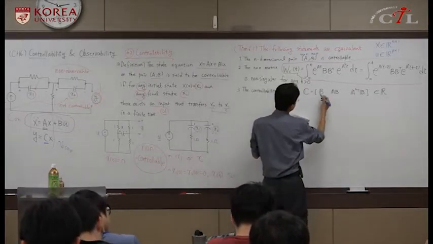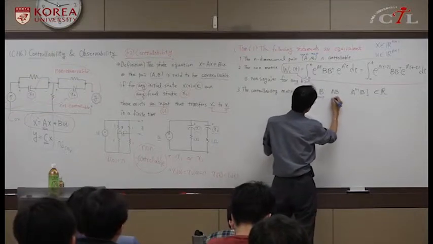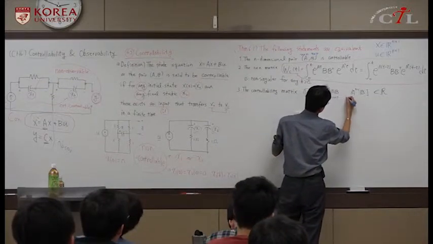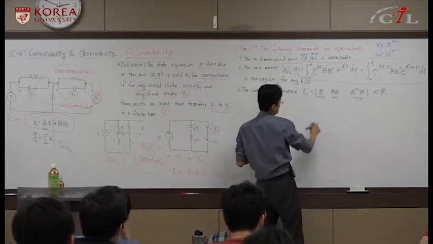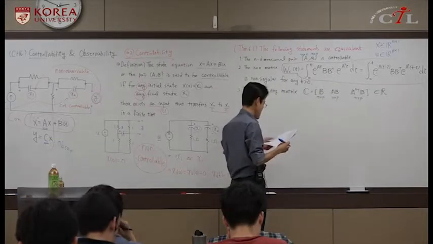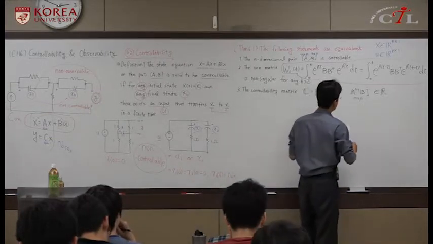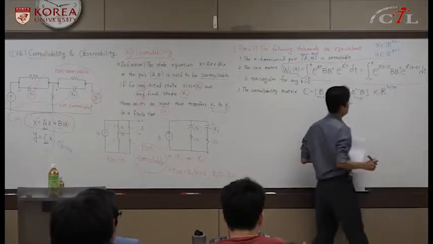Then B is n by p, AB is n by p, all n by p, and there are n of these blocks, so the dimension is n by np.